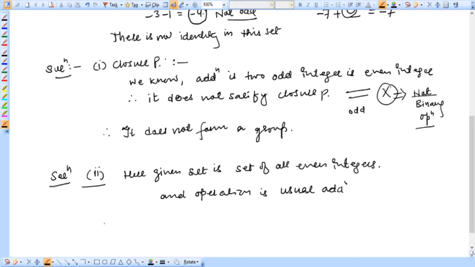So here, property number 1. You see addition of two even integers is even again, therefore the first property is satisfied.